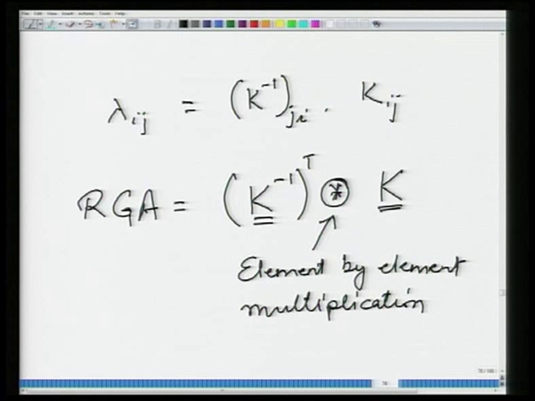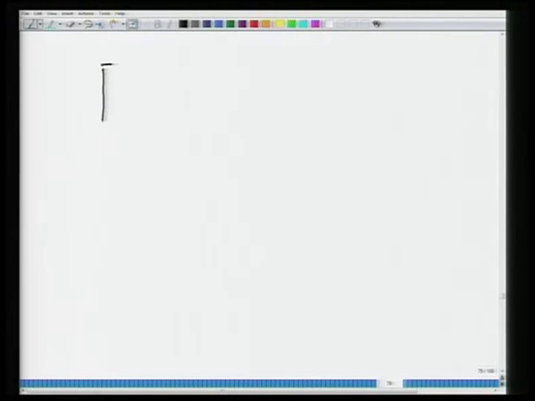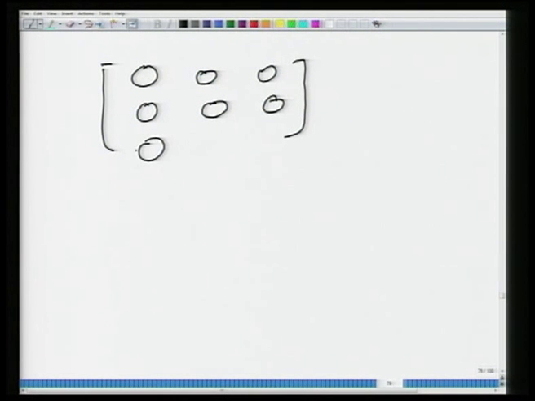Once you have calculated your relative gain array, you want to find out what is to be paired with what. You look for terms that are close to 1 and then say that the recommended pairing is, let us say I look at a 3 by 3 relative gain array, with columns 1 2 3, 1 2 3, 1 2 3. So, this is i and this is j.